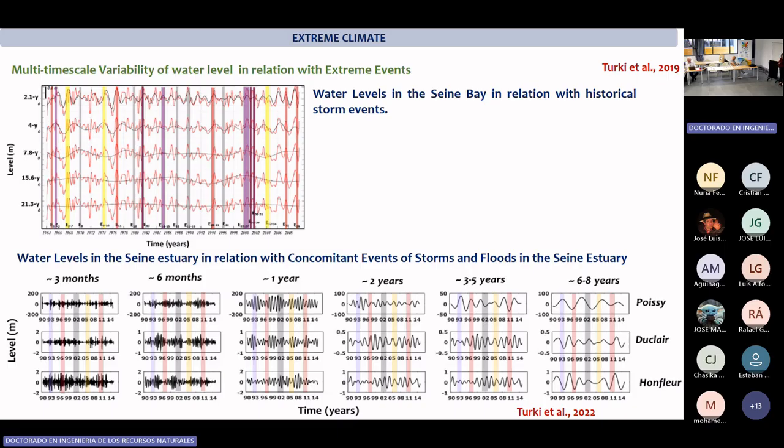You see the color boxes for the extremes, like A1, A2 until A26. And we have looked at the behavior of the time series at the different frequencies related to the extremes.